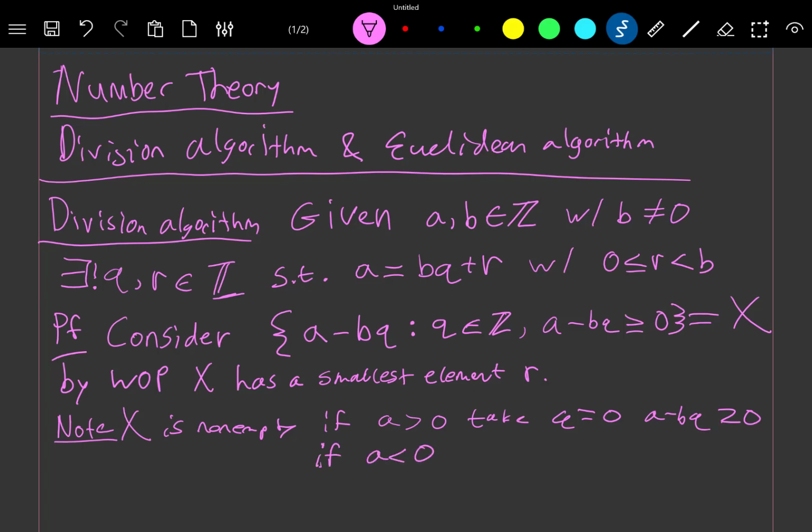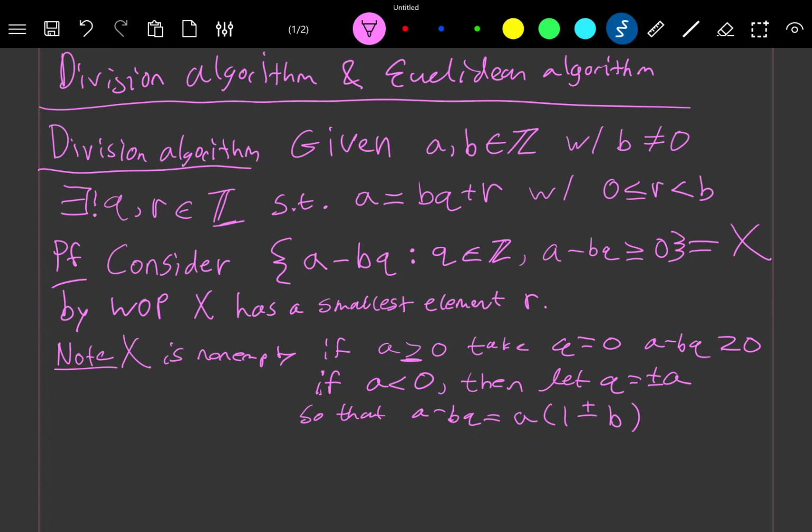If a is less than 0, then you can take q to be plus or minus a, so that a minus bq is just a times (1 minus b), and this will be plus or minus b, depending on if you choose q to be plus or minus a.